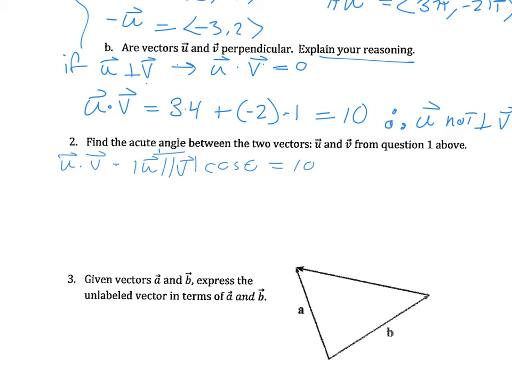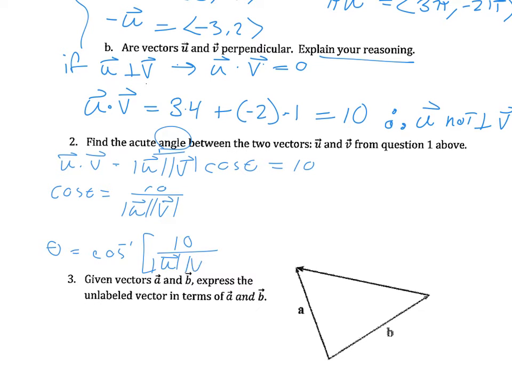Now, we want to know the angle between them, so we can solve this equation for theta. So cosine of theta equals 10 over magnitude u, magnitude v. And furthermore, theta equals the inverse cosine of 10 over magnitude u, magnitude v.